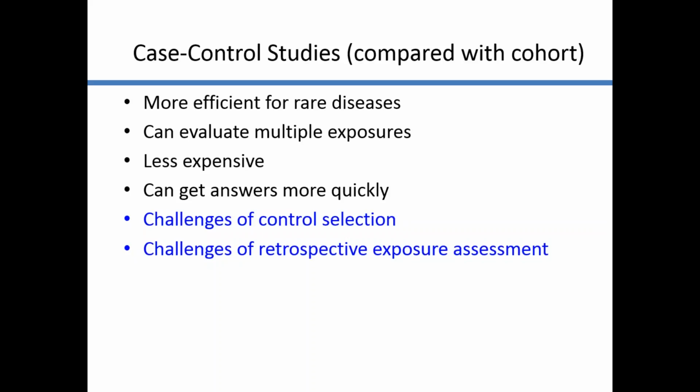We can monitor your exposure much better. We rely on memory for a case control study often. Usually, we rely on a person's memory, which can be faulty. People can also, by the way, not tell the truth on purpose.